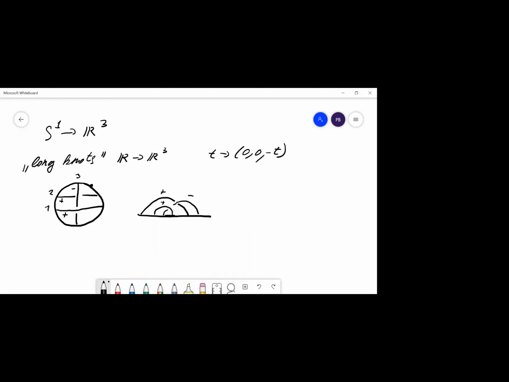This is 3, this is 1, this is 2. So they are ordered. The order is the order of their leftmost points.